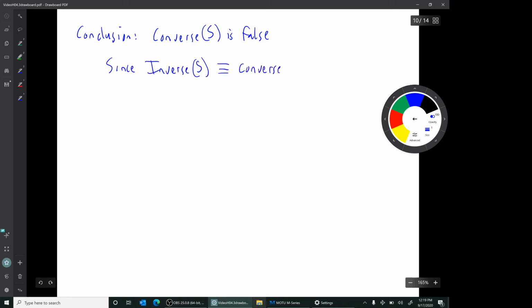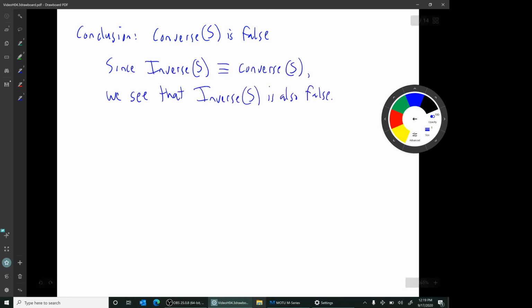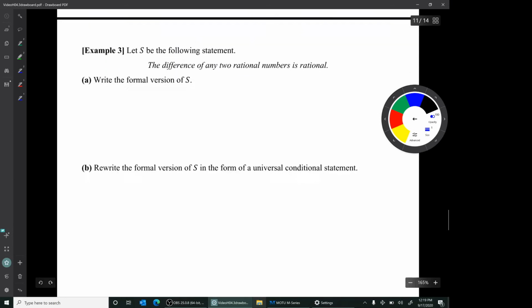So our conclusion is the converse is false. And again, since the inverse of S is logically equivalent to the converse of S, the inverse of S is also false. All right, that's the end of that example.